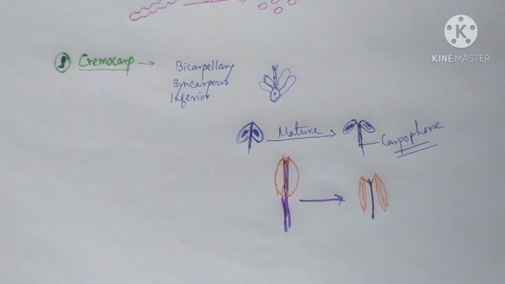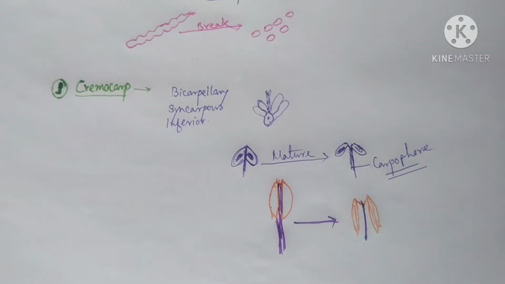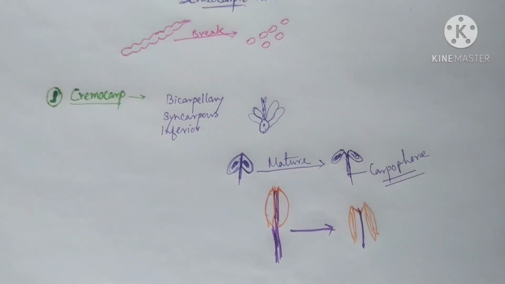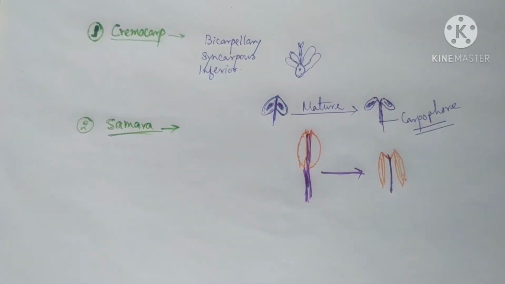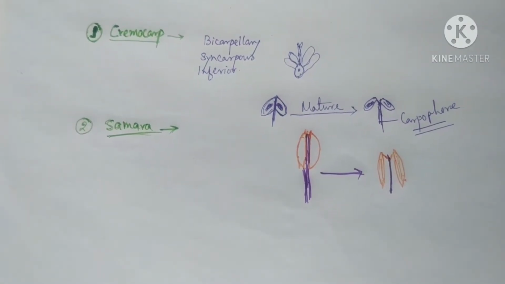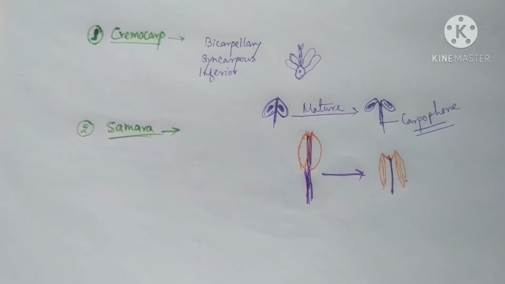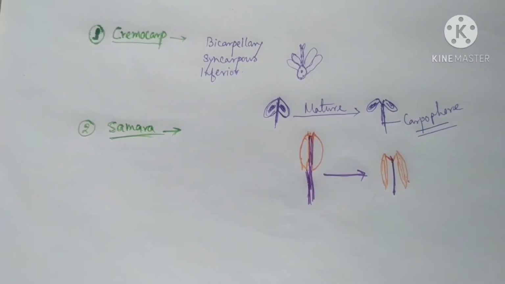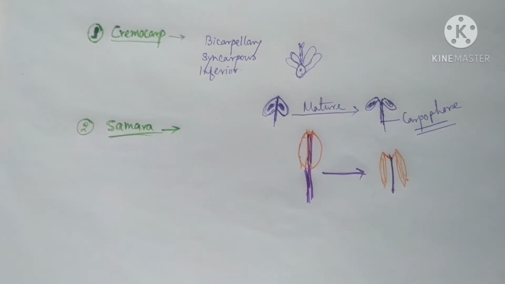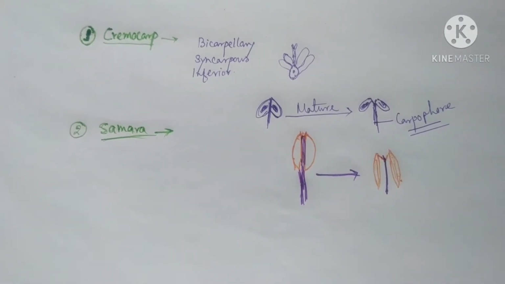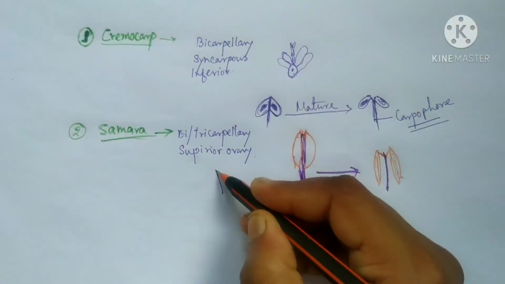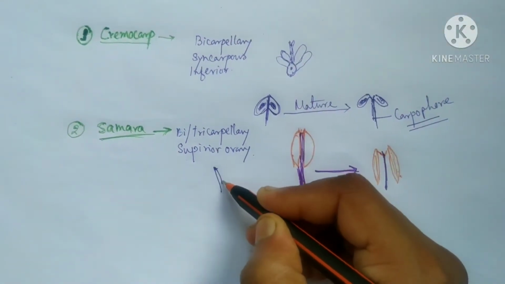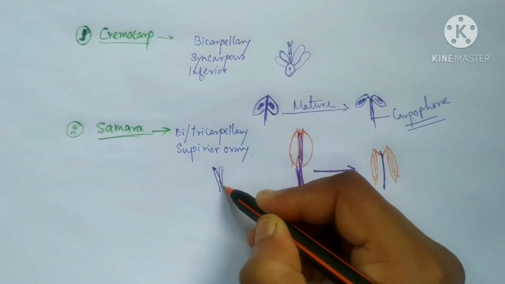Now the next Schizocarpic type fruit is samara. In the case of samara, the fruit develops from a superior bicarpellary or tricarpellary ovary.